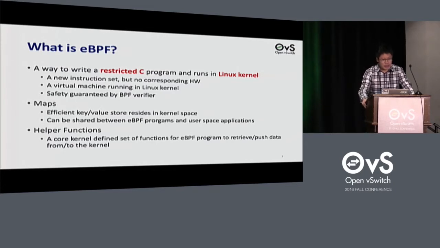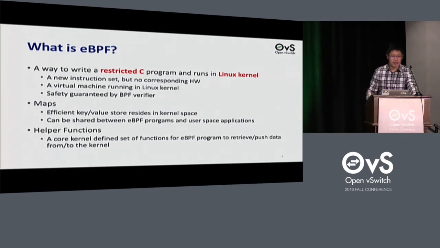This is because there's an eBPF virtual machine running inside the Linux kernel, and before you load your eBPF program into the kernel, you need to first pass the eBPF verifier. This verifier will guarantee that your program will terminate, won't crash, and won't bring down your system. So there's a safety guarantee in the BPF program.